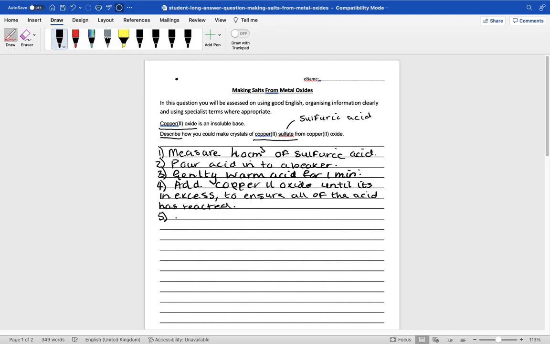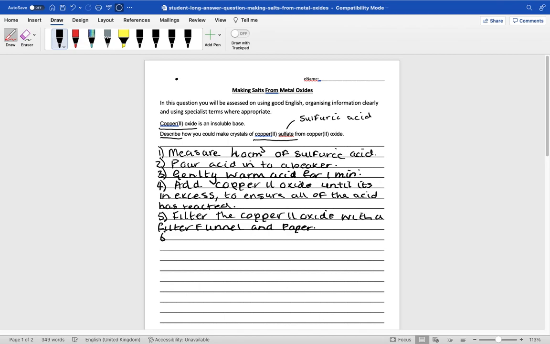Number 5, we then need to remove this excess copper 2 oxide. Because it's a solid in solution, we're going to filter the copper 2 oxide with a filter funnel and paper, to leave just the copper 2 sulphate solution.